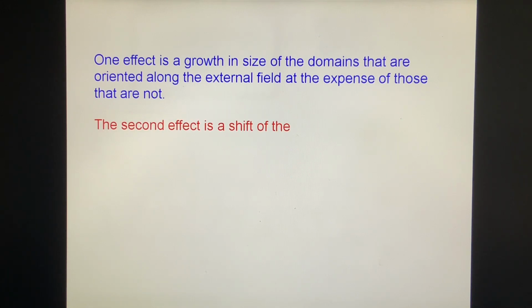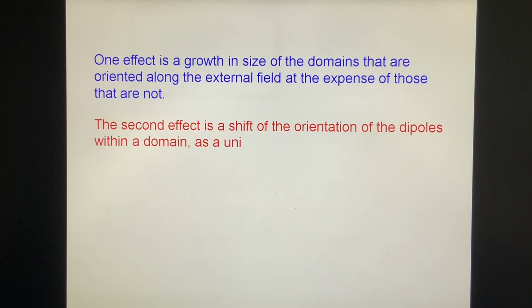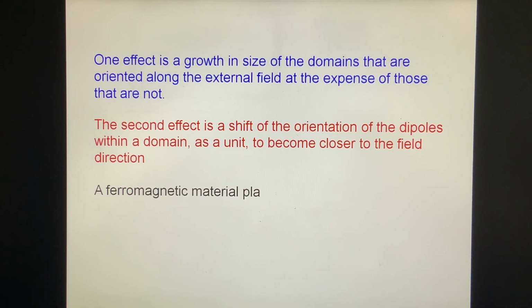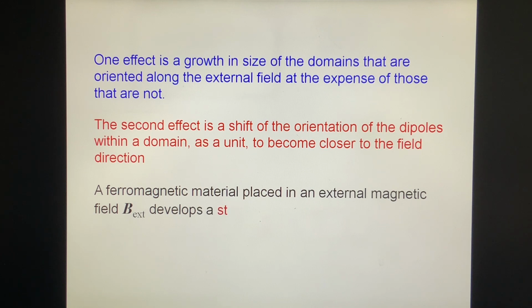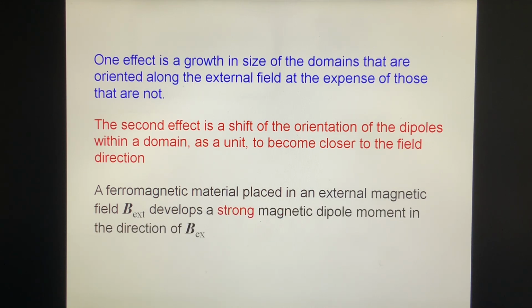The second effect is a shift of the orientation of dipoles within a domain as a unit to become closer to the field direction. A ferromagnetic material placed in an external magnetic field B external develops a strong magnetic dipole moment in the direction of B external.